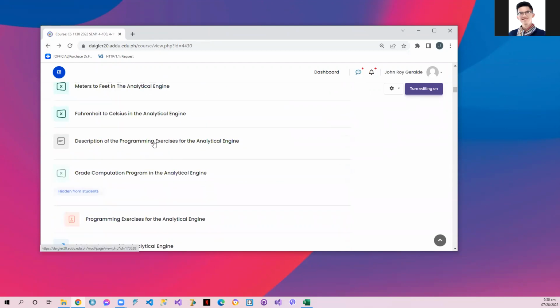Sir, I have a question regarding the operation card and the combinatorial card, the CB and CF.